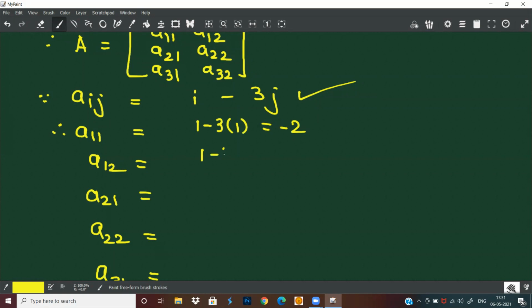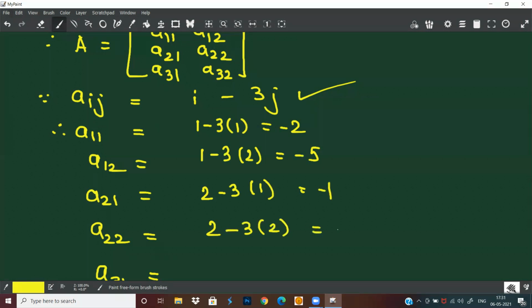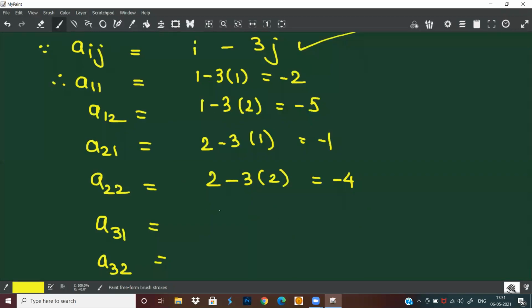I के जगह 1, j के जगह 2, -5. फिर ये आ गया I के जगह 2, j के जगह 1. Getting it? यहाँ 3 आएगा.